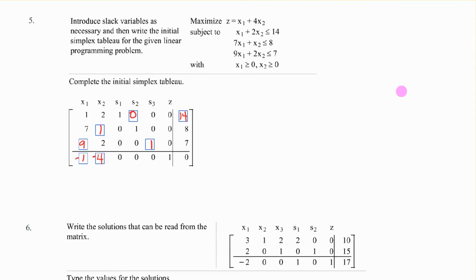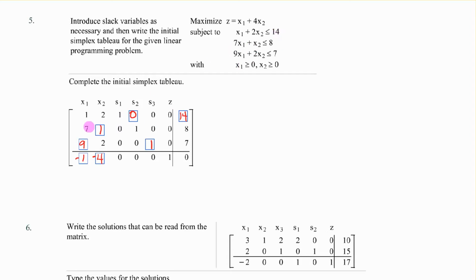Introduce slack variables as necessary and write the tableau. Here's what we're maximizing, subject to these constraints. How many slack variables do we need? 1, 2, 3. So x1, x2, s1, s2, s3, z. We're going to put this in: 1, 2, 1, 0, 0, 0, 14.